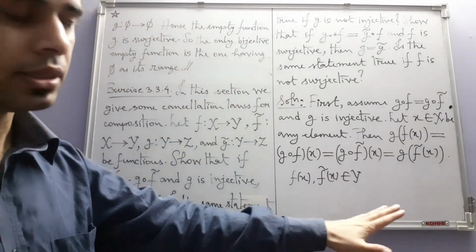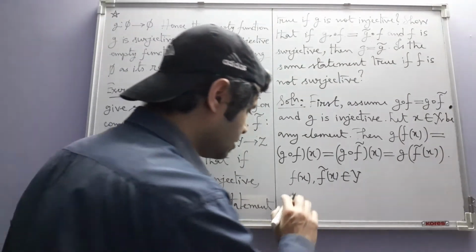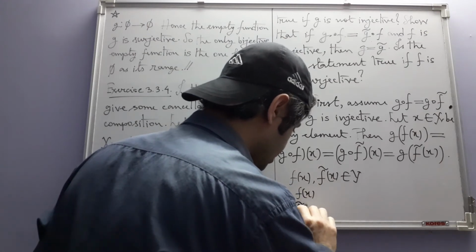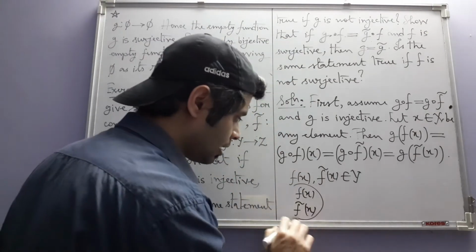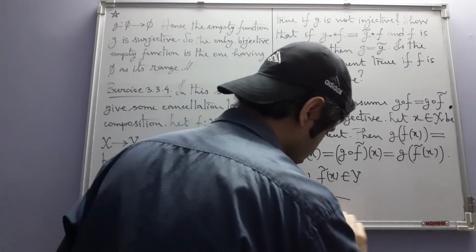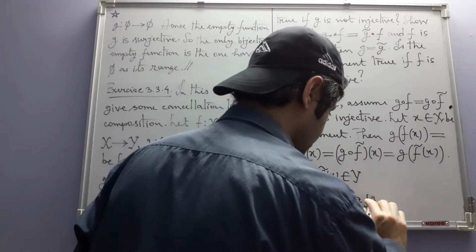Now since G is injective, the input should also be the same. Otherwise, it will look like this. Suppose the inputs are not the same, these two are different elements in Y, and G maps both of them onto this single element.